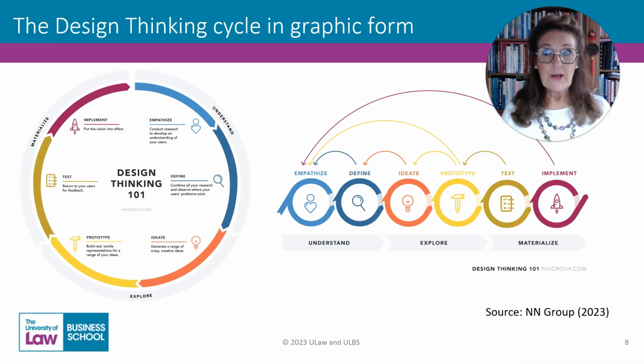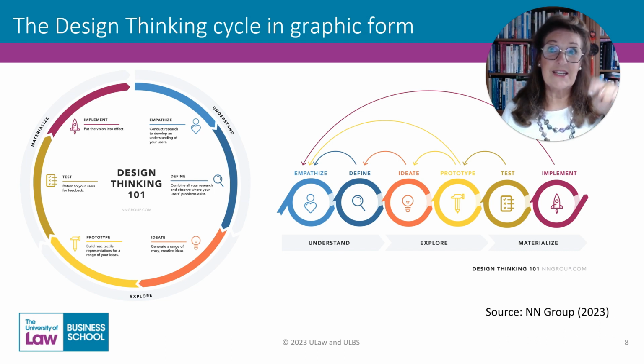Now, if you remember, we have visited this design graphic before, and IDEATE is in the middle of the process. So as I've said before, and I hope you recall, the design thinking process is not a straight line.